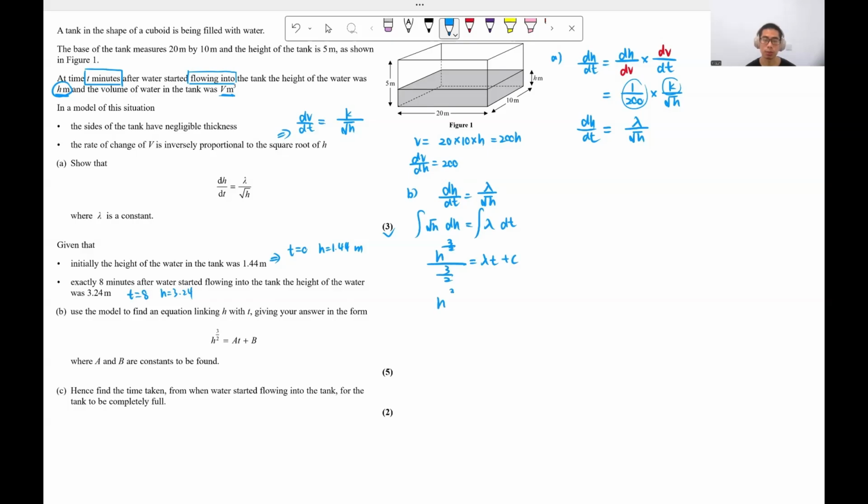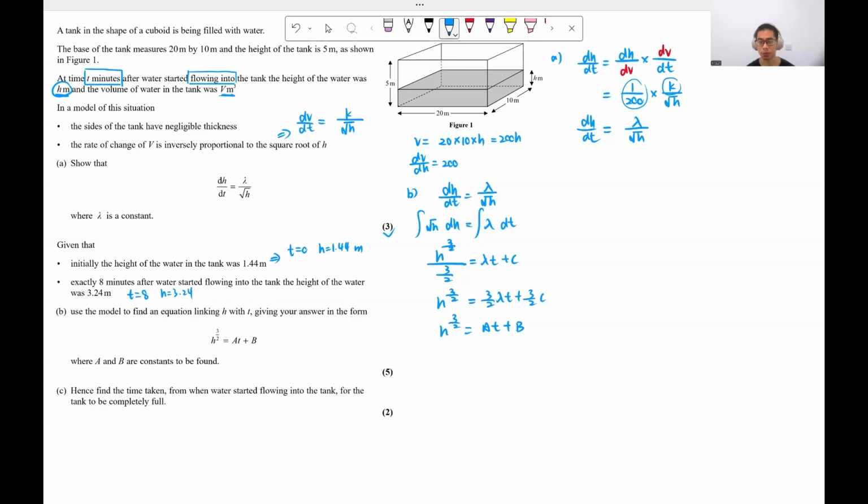They want h to the power 3 over 2 as the subject, so we multiply by 3 over 2. That gives 3 over 2 lambda t plus 3 over 2 c. Because lambda is a constant, 3 over 2 lambda is just another constant, so we use capital A to represent it. And 3 over 2 c we represent with capital B.